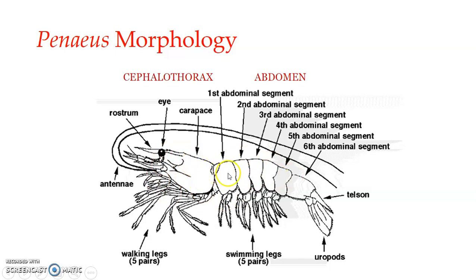Passing on to the abdomen, the sclerite of each abdominal segment is separate. There it was fused to form a dorsal shield on the dorsal and lateral sides, but here on each segment the sclerite is separate and independent, and it is ring-like, and it articulates with the adjacent sclerite by way of a very thin, flexible cuticular segment.